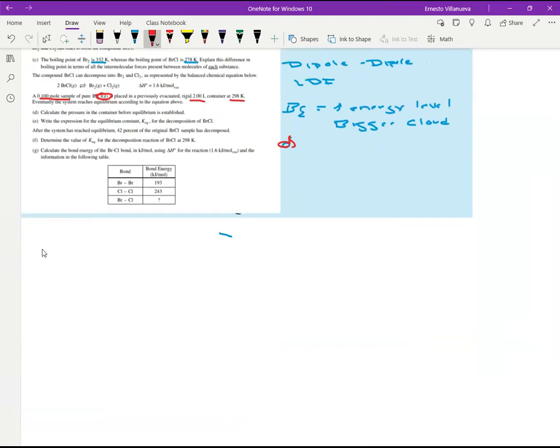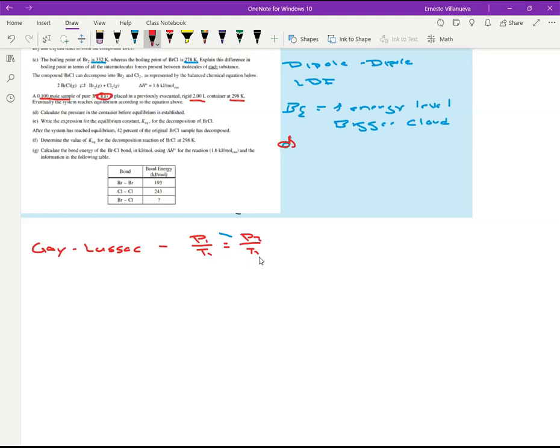The first law that we're going to discuss is Gay-Lussac's law, okay? Gay-Lussac has a law that says that the initial pressure and the initial temperature of the system will equal the final pressure and the final temperature, okay?